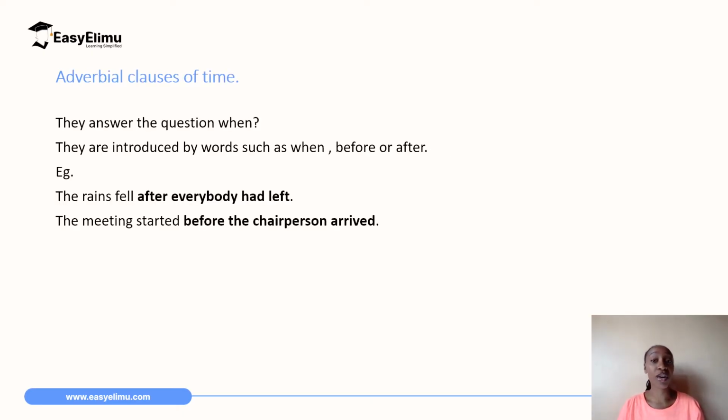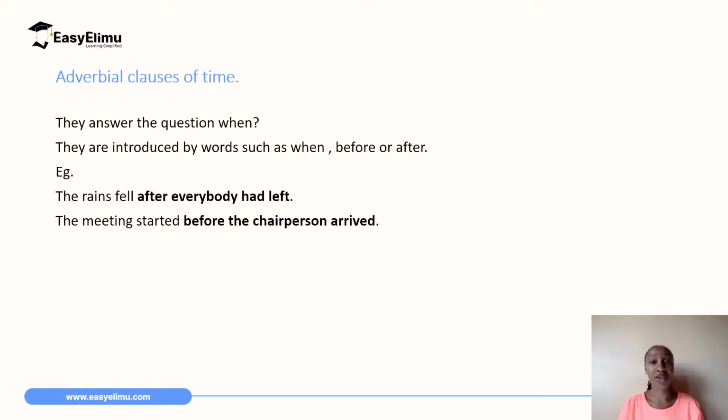So remember we have just said that adverbial clauses function the same way as adverbs. They answer the same questions that adverbs answer. So we can start by looking at adverbial clauses of time. Just like adverbs of time, they answer the question when.